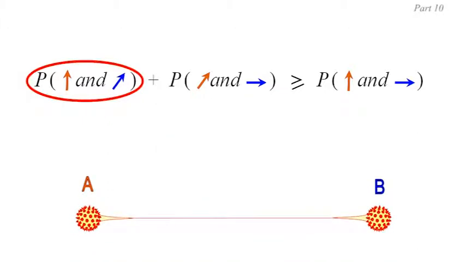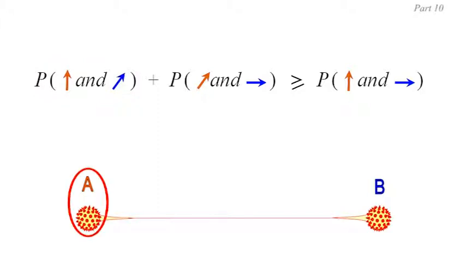Let's look at the first term. We want to know the probability that A is up and B is at 45 degrees. Let's imagine doing some measurements on this entangled pair of electrons A and B using the rules of the mathematics of quantum mechanics. We first come to entangled electron A, knowing nothing about it, and we measure the component of the spin in the Z direction.